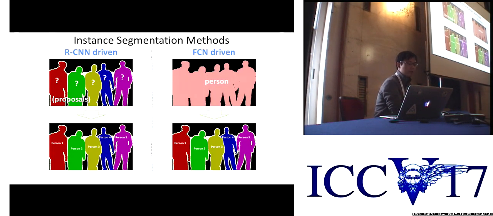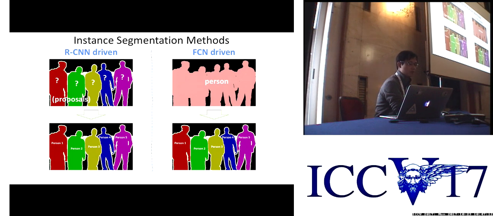So in the past few years, there are a few methods for instance segmentation, and these methods can be roughly categorized into 2 families. One family is driven by the success of the R-CNN system. These methods first start from some segment-level proposals such as MCG or the segmentations from selective search.